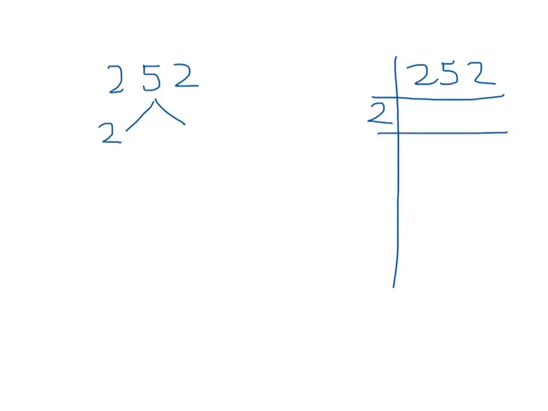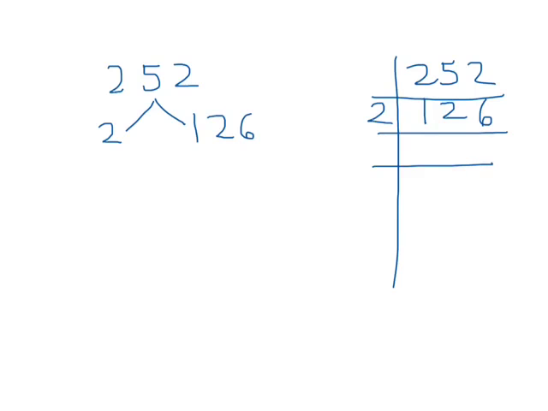The partner to 2 is 2 times what is 252? The partner is 126, which we write on the right-hand side. And then we say, okay, what's the prime factor of 126? It's even.